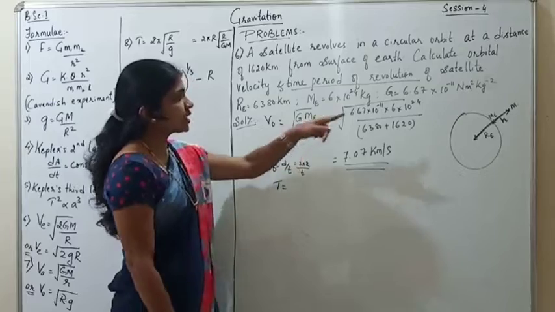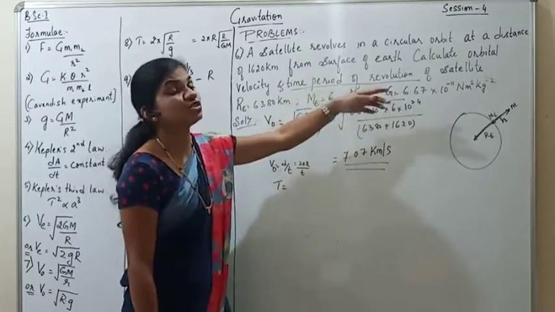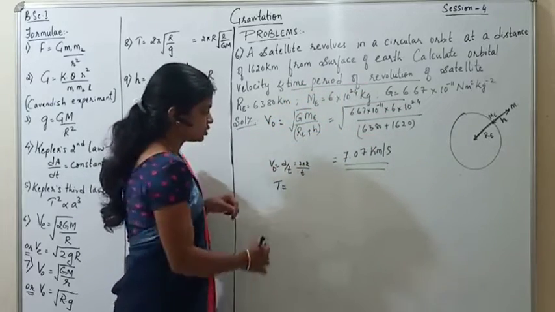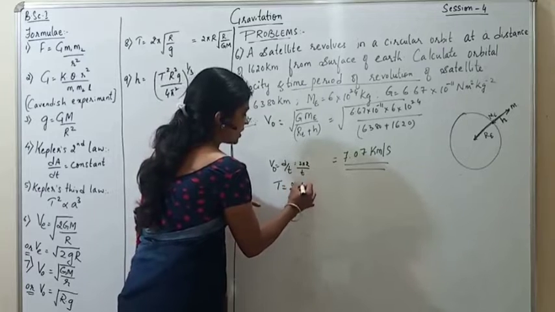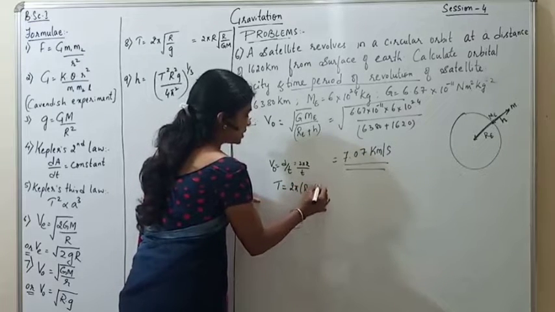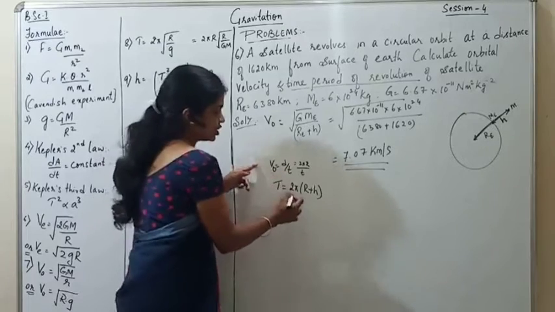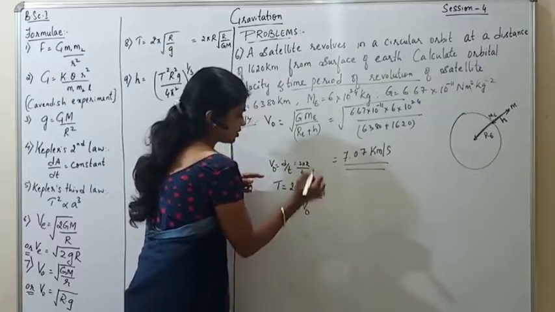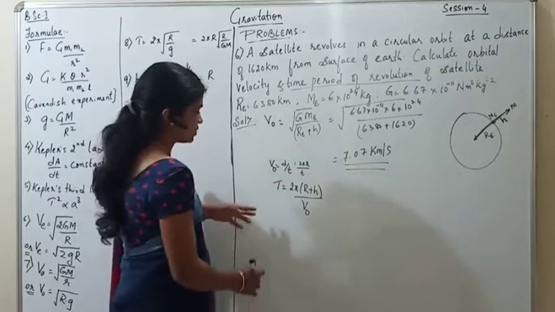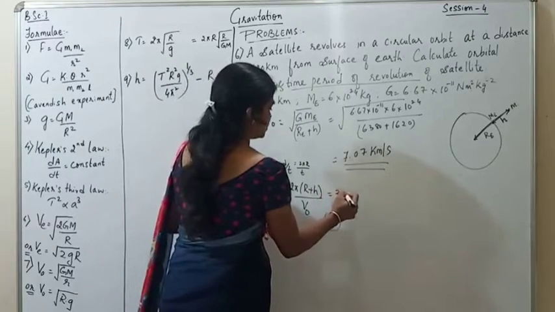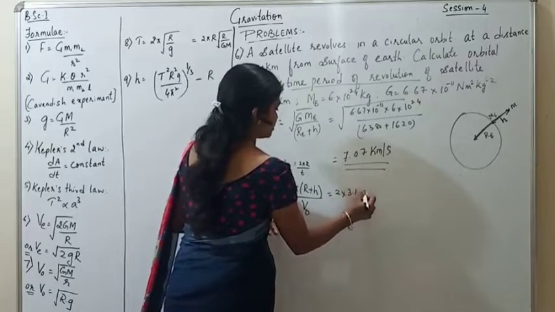Since we are calculating the time period of revolution of the satellite, this will become 2 pi into r plus h, and this v0 comes down when T comes here. So divided by v0. Substituting, we get 2 into 3.142.